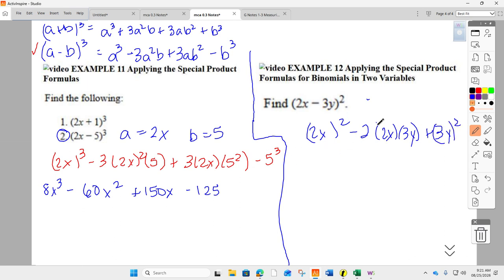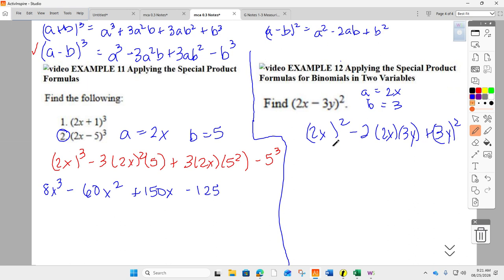Does that make sense, Ava? Sure. I saw your brow furrow. All right. So remember the formula. It's helpful if you identify your A and B. Remember, ignore the sign when you're doing that. So then my A squared is 2x squared.